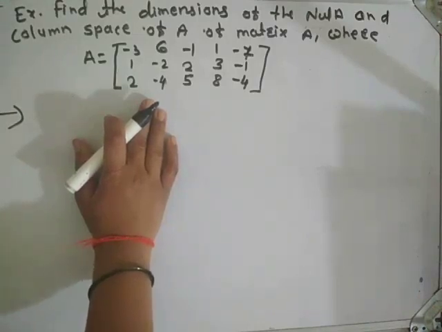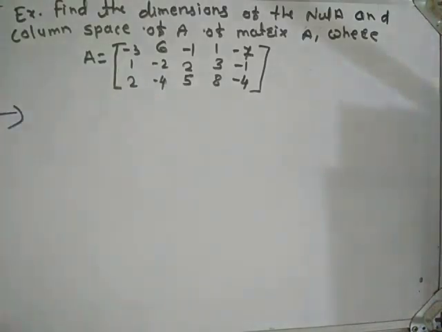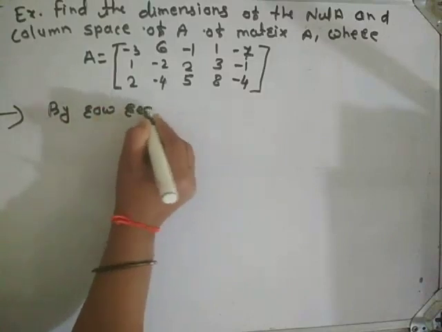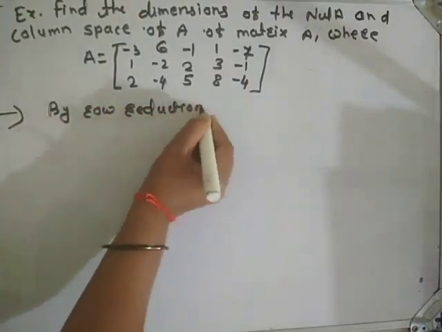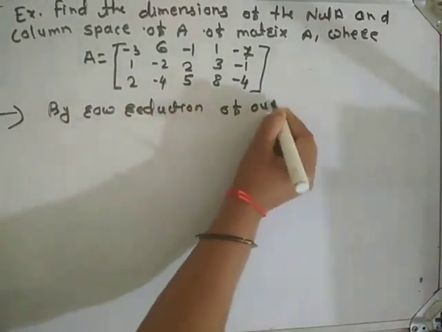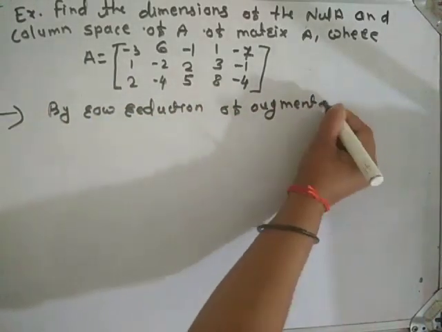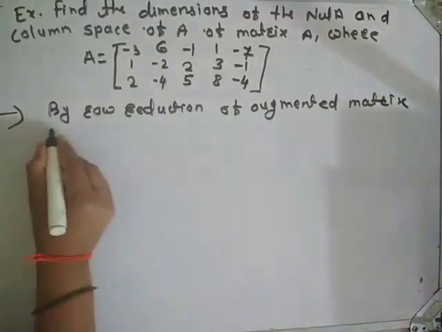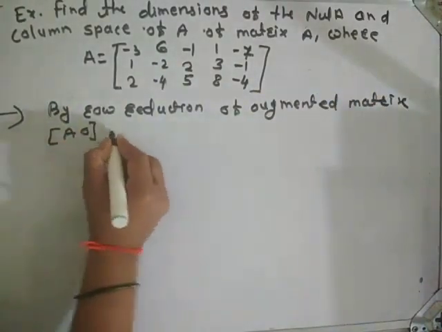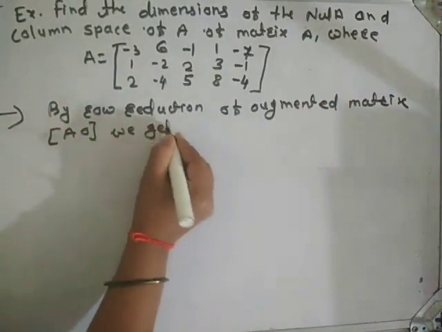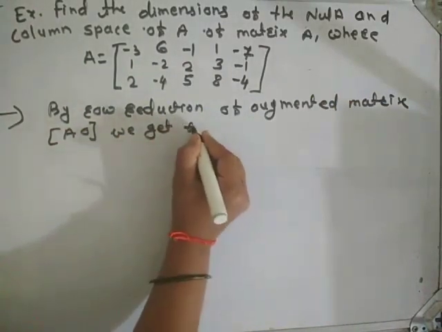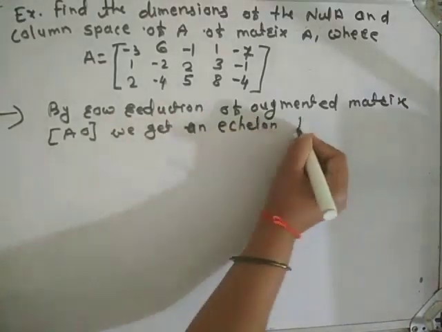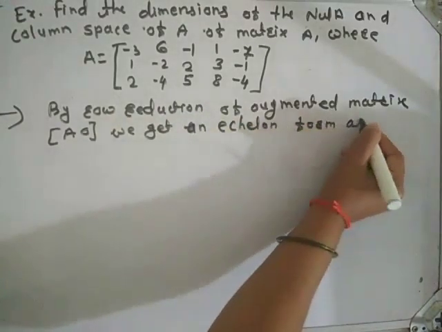This matrix is given by row reduction of augmented matrix [A 0], we get an echelon form as follows.